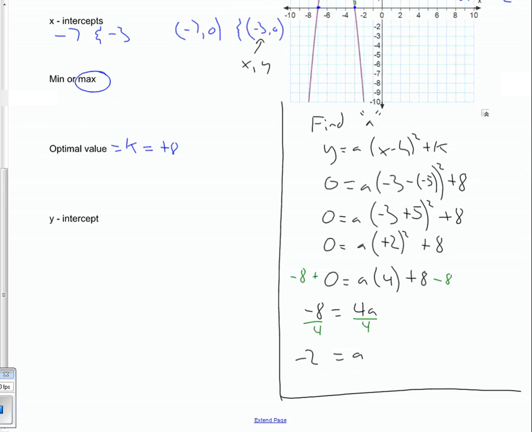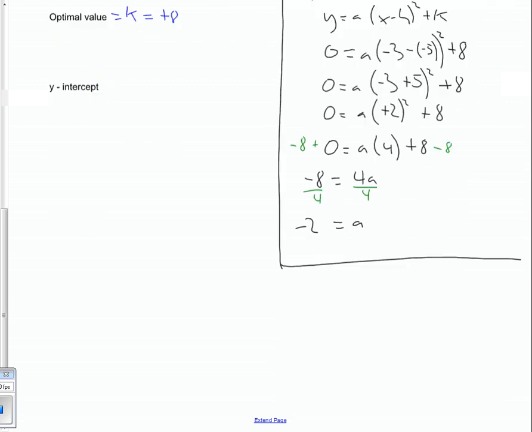So now that you know what the a value is, we can actually figure out the equation for the entire parabola. So I'm going to just substitute in my a value into the formula that's given up here. Okay, so I know that the a value is negative 2.